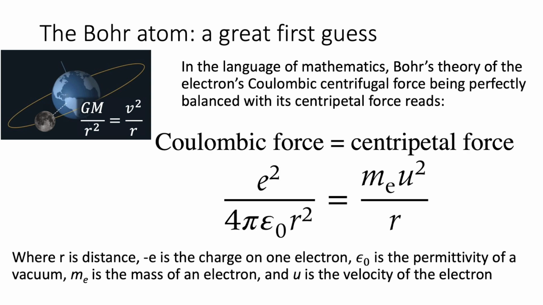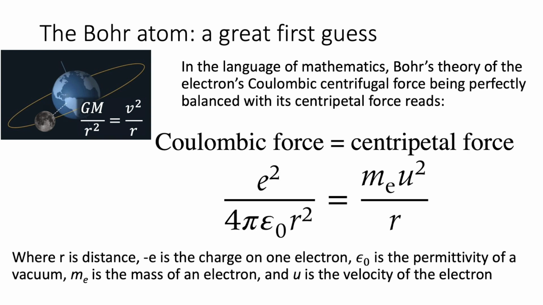And then we look at what Bohr did here, and it's very similar if we pay attention to the functional form. That e squared is the charge on one electron, which you can think of as similar to G in this case. And e naught is the permittivity of a vacuum. For now, just think of it as a constant as well. And 4 pi, of course, is a constant too.